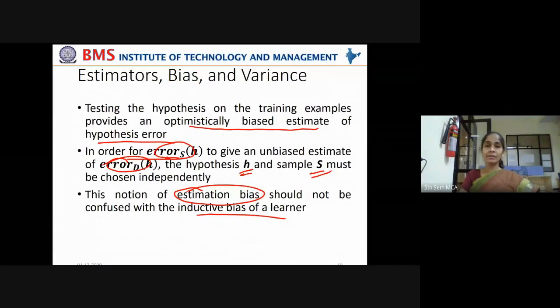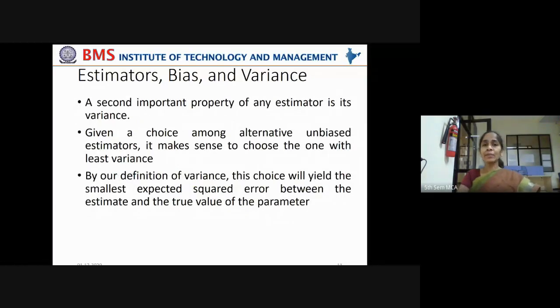Did you understand? Now, a second important property of any estimator is variance. Given a choice among alternative unbiased estimators, it makes sense to choose the one with least variance. Common sense, right? Whenever you are given some estimators, which one do you choose?